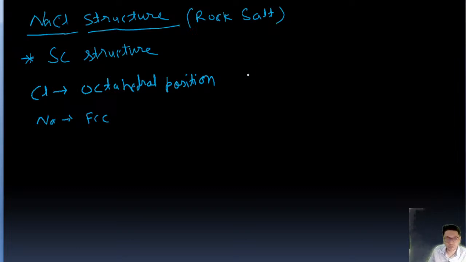So now the N effective for Cl, okay. N effective number of atoms for Cl is 4, and N effective for Na is 4, okay.